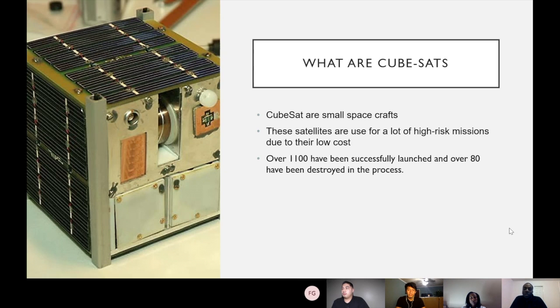What I'm trying to say is they're easily replaceable, so we can do more with them. Since about 2014, 1,100 CubeSats have been successfully launched, and over 80 have been destroyed in the process.